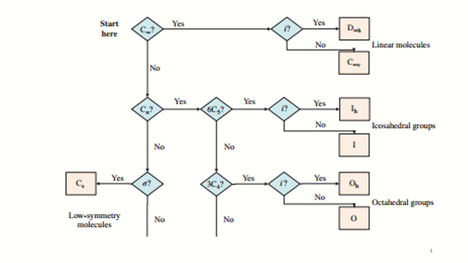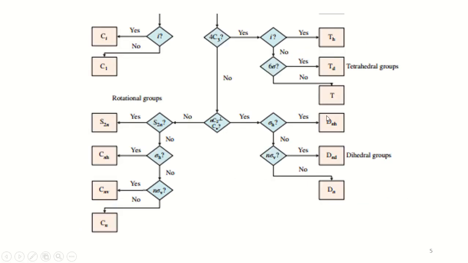The groups T and Th are related to the Td point group. In fact, they are subgroups, but they lack some of the higher symmetry features.